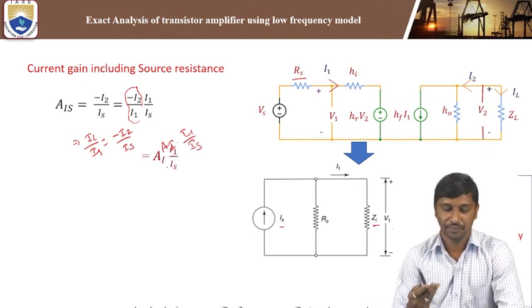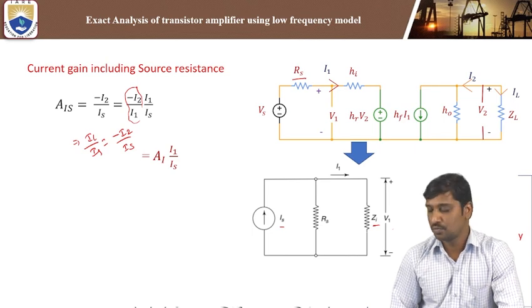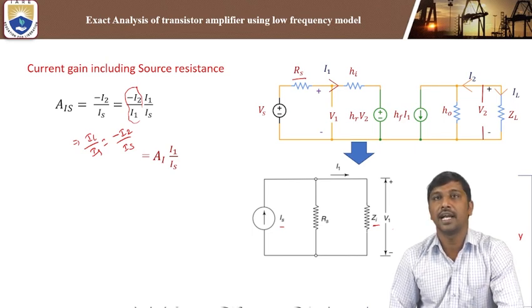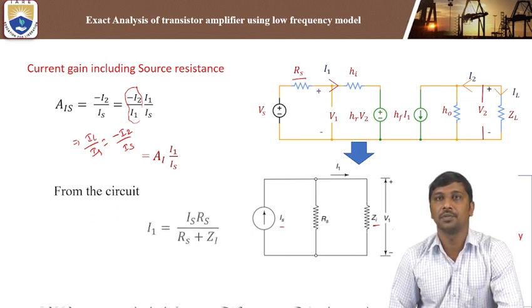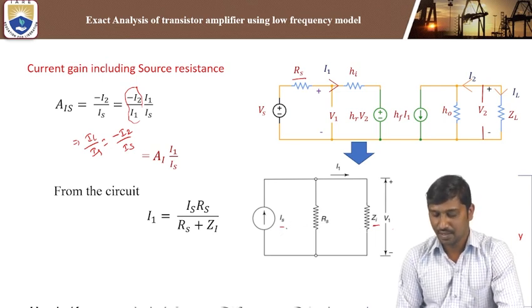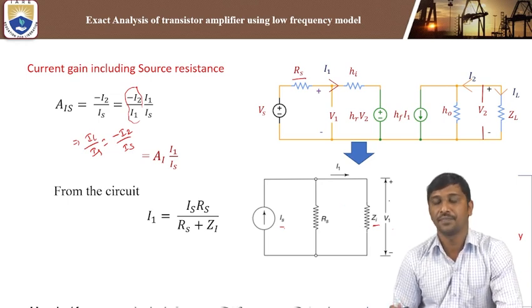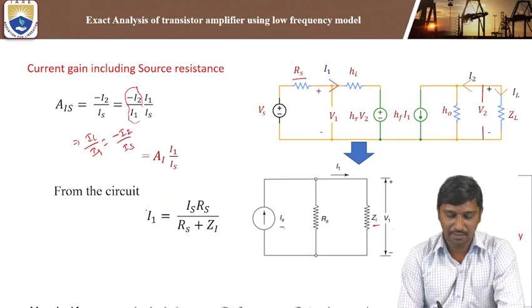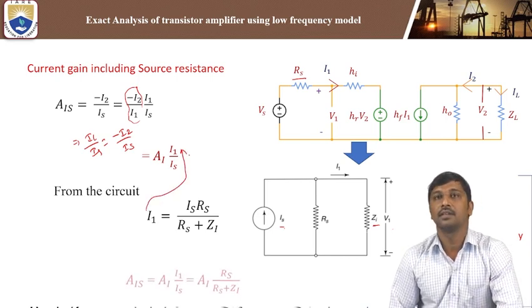Now I'm going to substitute how much I1 flows here from the circuit. I1 is represented as Is times Rs by the total resistance, Rs plus Zi.